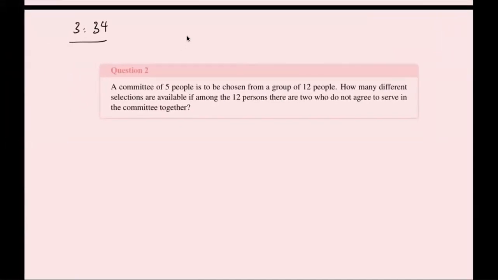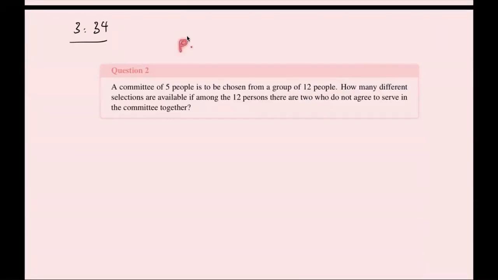Okay, so for this question, you have a group of 12 people and you want to form a committee of 5 people. But we have the restriction that among the 12 people, there are 2 people who do not agree to serve in the committee together.